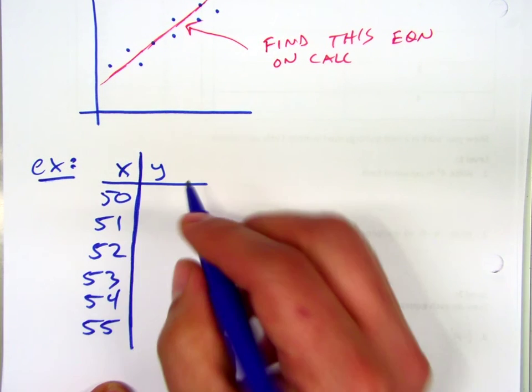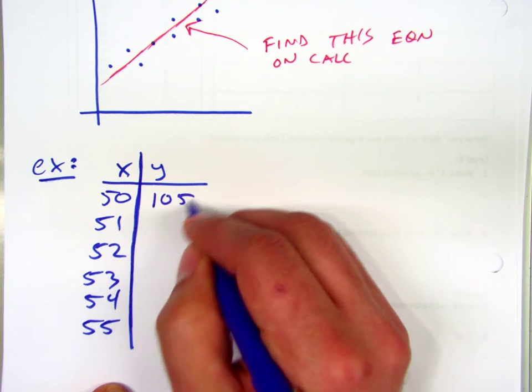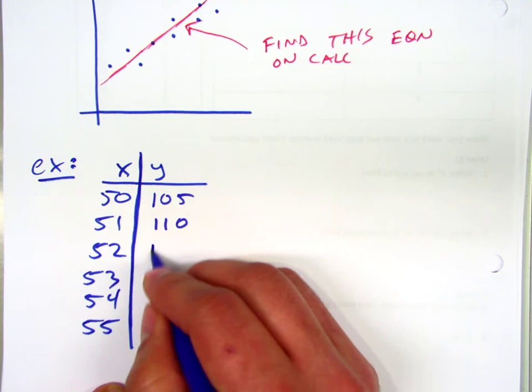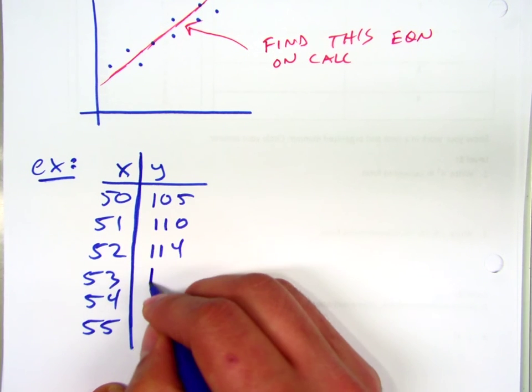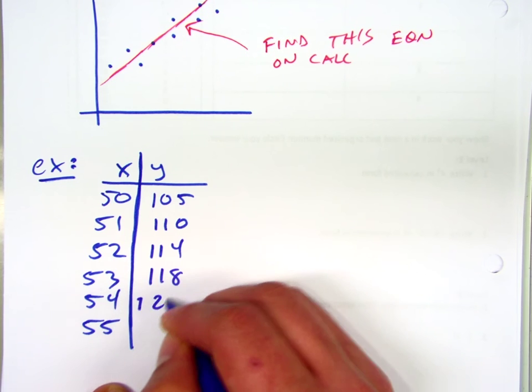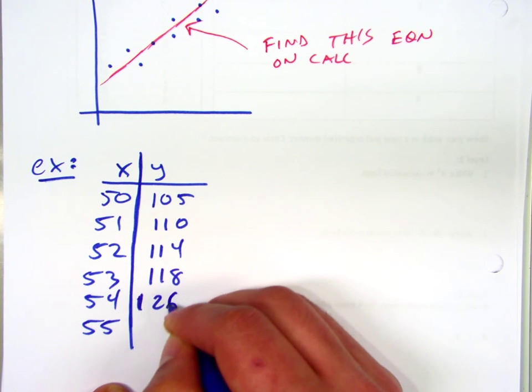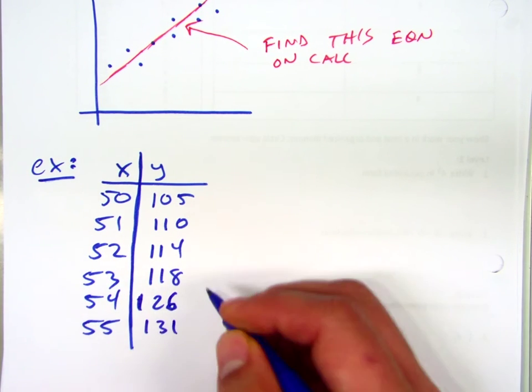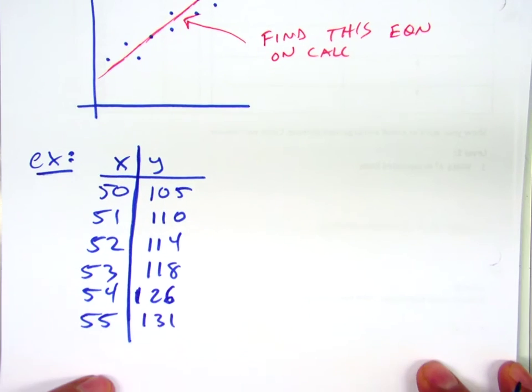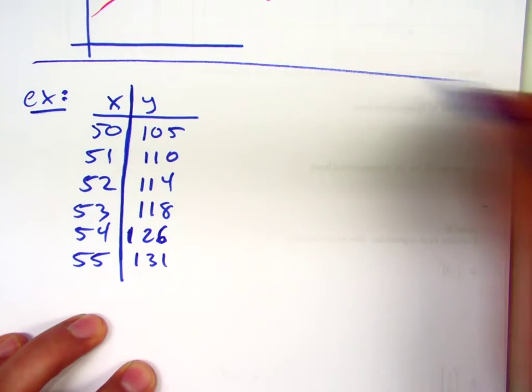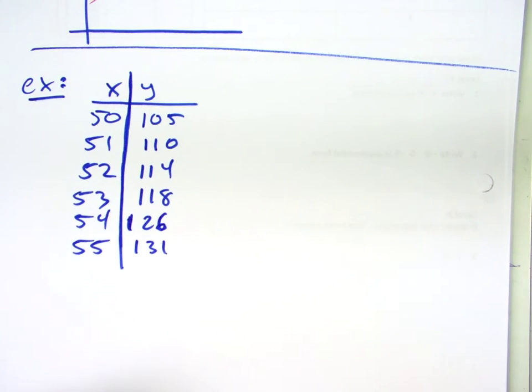And let's say our y values are 105, 110, 114, 118, 126, and 131.